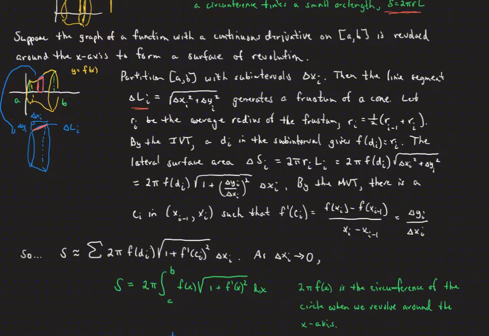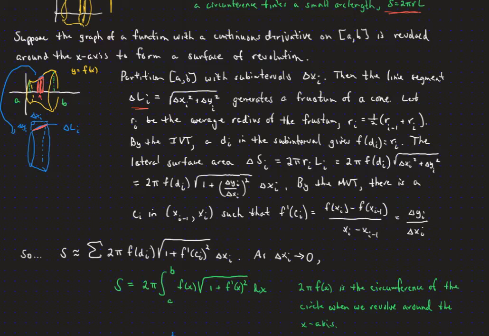Now, using the intermediate value theorem, there is a point d sub I on that subinterval. So instead of picking out these two things, we're thinking of this as our r right there, that average between those radii. Then we know that that's the value of the function for some value of x there. So we're going to say that radius is given by f of d sub I.